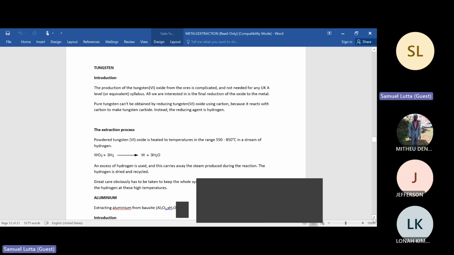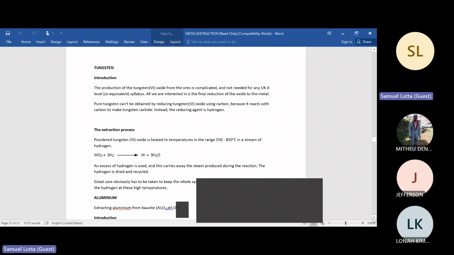Normally, because of its reactivity, you cannot reduce it using carbon, because what happens is you form tungsten carbide.